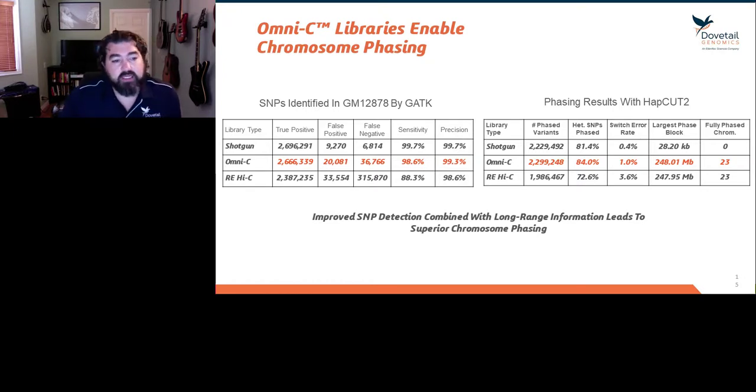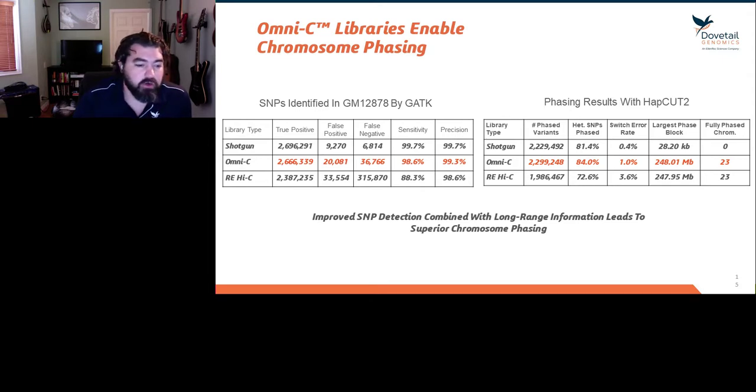And so we've done that here with the cell line GM12878. So we're looking at the table on the left, which are SNPs that were identified in the cell line GM12878 using GATK. And we have true positive, false negative, and then sensitivity and precision for the columns.